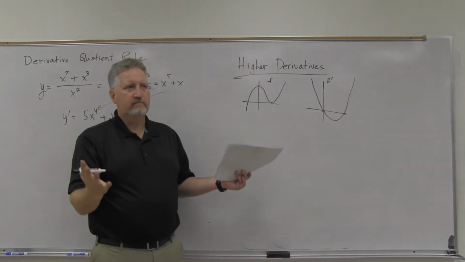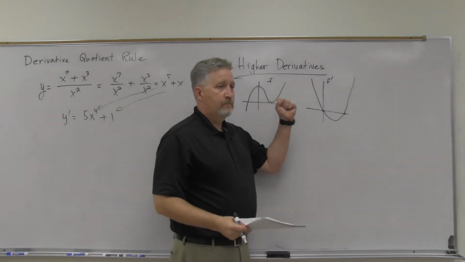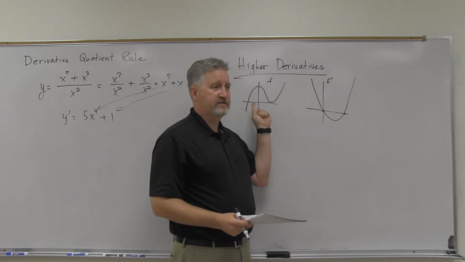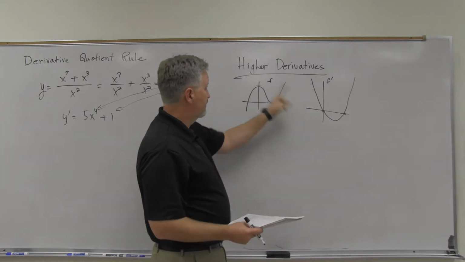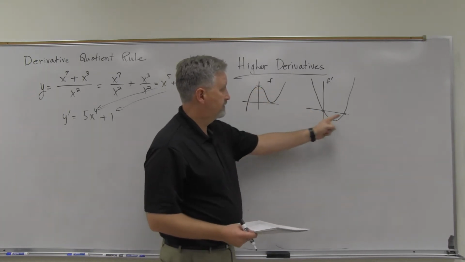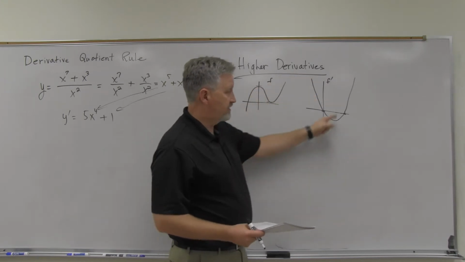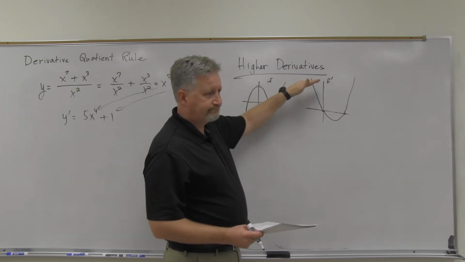So we get another graph here. Well, the derivative, how do we get those? Those are the slopes of the tangents, right? That's how I got that. Those are 0 slopes here and here. These were positive slopes, they're up here. These are negative slopes, they're down here. These are back to positive slopes. Okay.